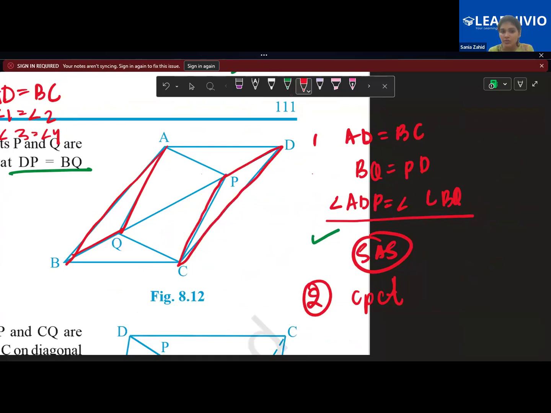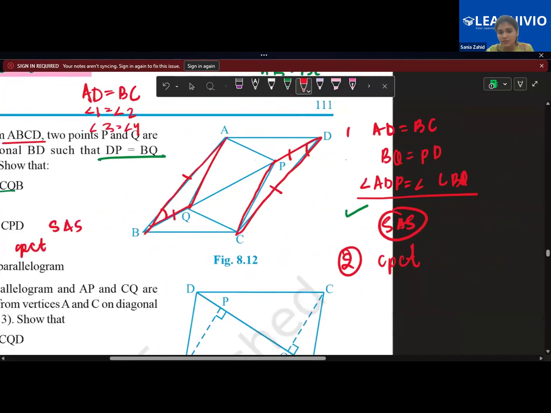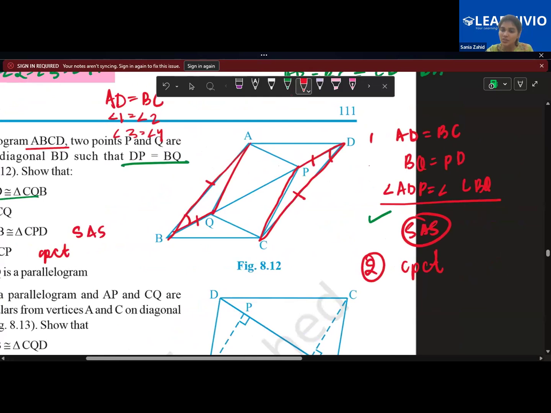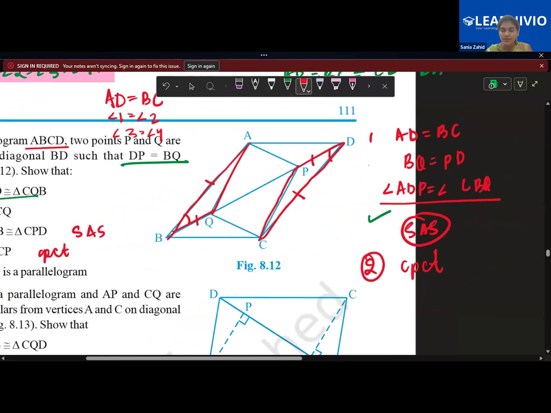Now, how can you say? First of all, this side is equal to this side. This angle is equal to this angle because of alternate interior angles. And again, BQ is equal to DP, given. Again by SAS, you can say. It's basically the same thing as the last one, just a different triangle. That's it.